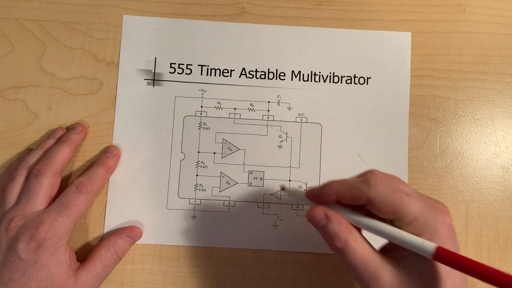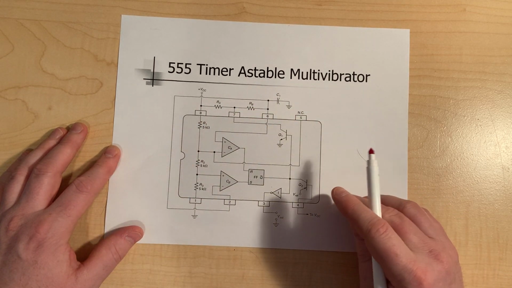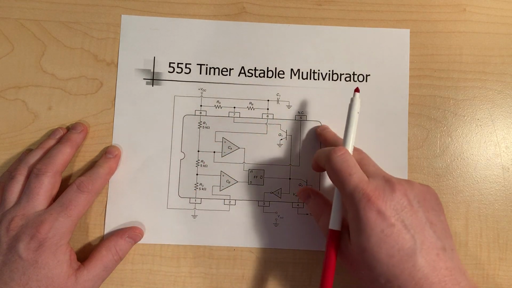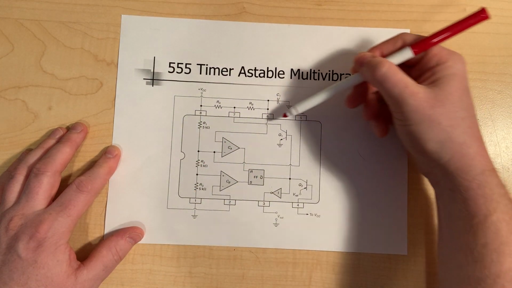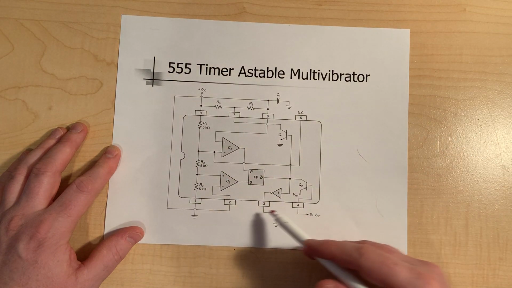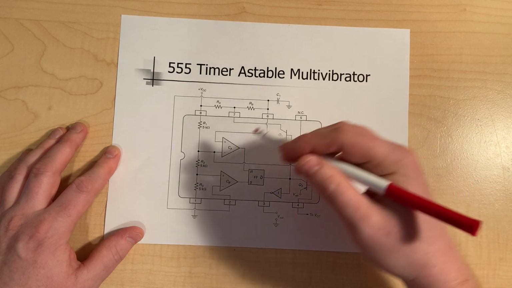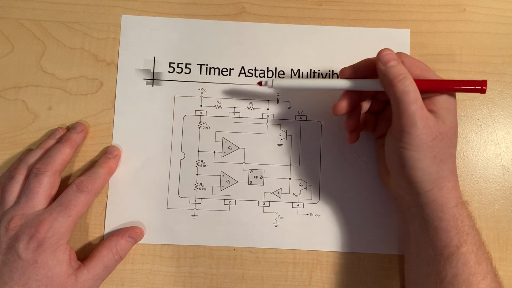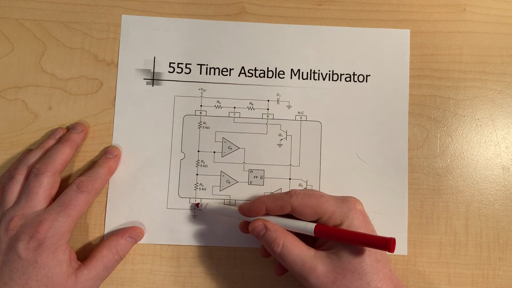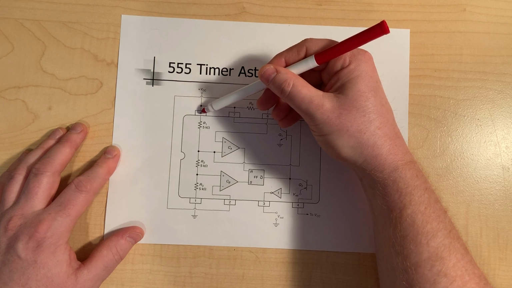Okay, so there are some things to discuss within the 555 timer. So again, it's a 555. What we're looking at here is the chip with all the associated pins. Again, there's the notch indicating the front of it, and then you go counterclockwise around to the final pin. A couple of things to note: ground needs to be placed on pin 1, and power, or VCC, needs to be placed on pin 8.